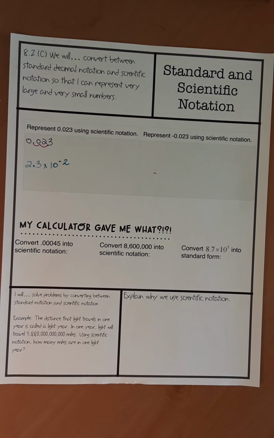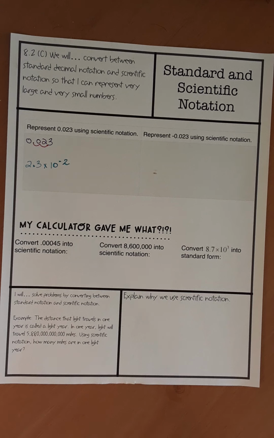Allow me to explain. You can have a positive or a negative exponent on a number in scientific notation. The positive and negative exponent simply tell us whether the number is really small or if the number is really large. If the number is really small, your exponent is negative. If your number is really large, your exponent is positive.